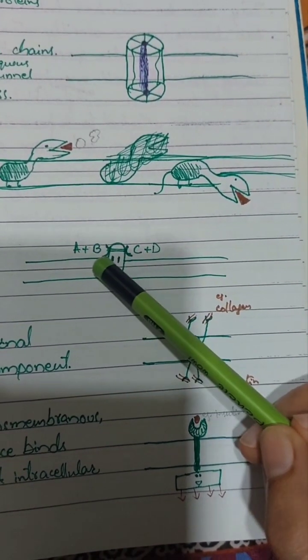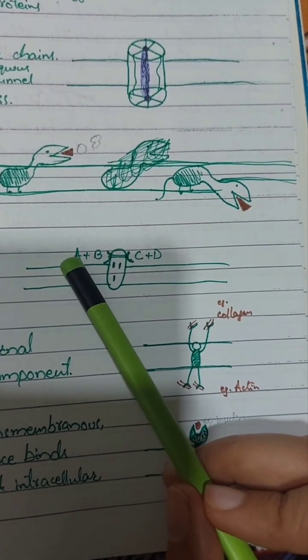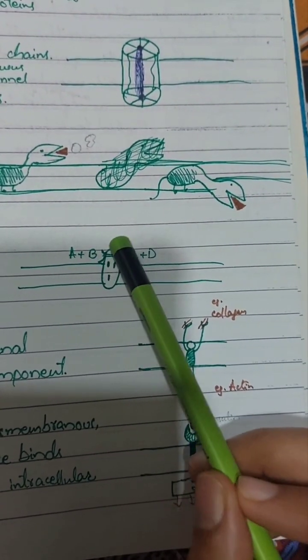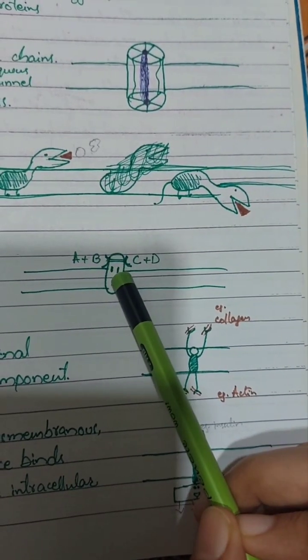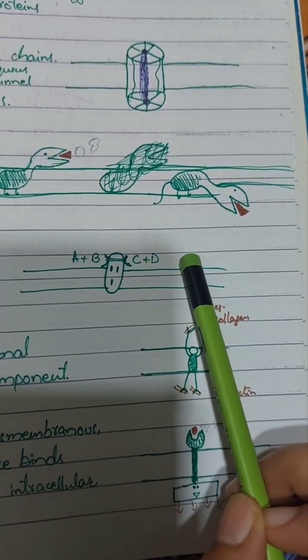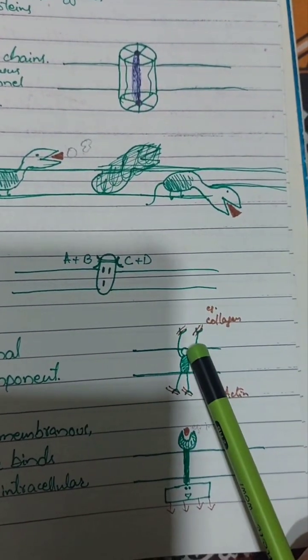Enzymes take one substance and convert it into another substance, like this one. A plus B is a substrate to this protein, then this protein changes it into C plus D. This is the enzyme. Integral proteins work as enzymes too.